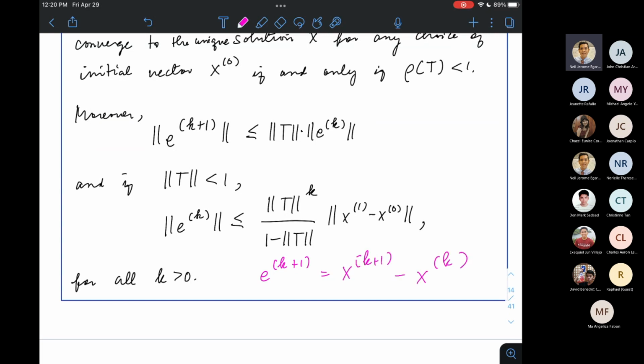Right? So ito lang yung difference between two consecutive estimates. So yung error vector upper k plus 1 ay k plus 1 estimate minus the k estimate. Alright, so yan yung error vector.